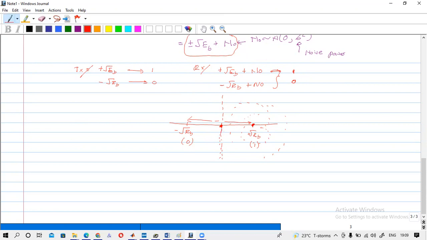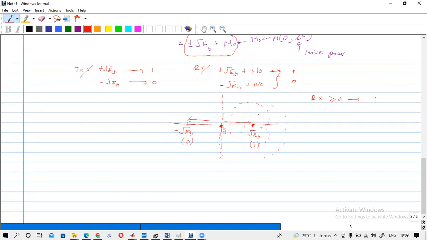So this middle point will be 0. Now you can decide based on this boundary, this 0. How do you decide it? If the received symbol is greater than or equal to 0, you assign that received bit equal to 1.